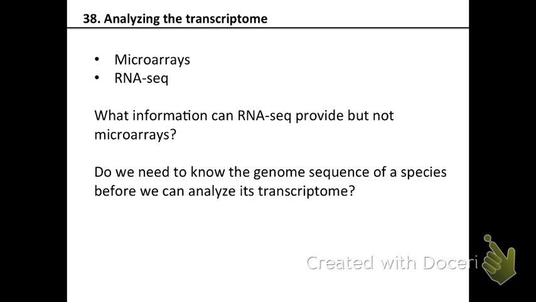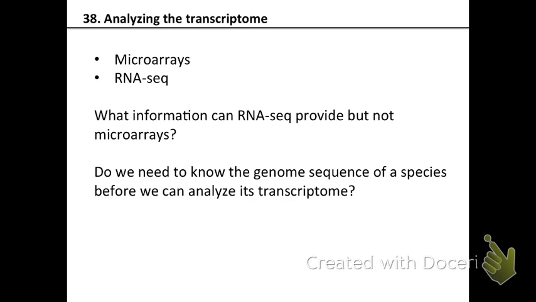Remember, in microarrays, we make a glass slide, and we put probes, which are short DNA segments complementary to the genes that we are going to measure. For a given gene, I take a portion of that gene and put it on the glass slide, and if that gene is expressed, it's going to hybridize there.